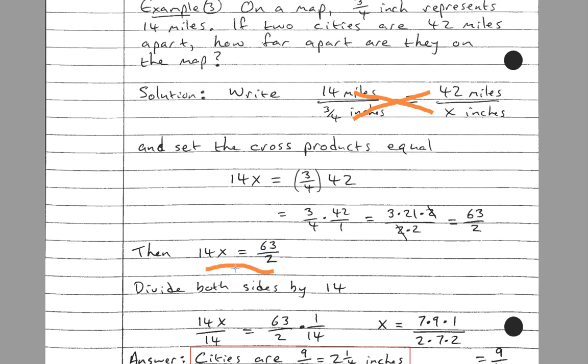So 14 times the number we're looking for, 14 times x, is equal to this fraction, 63 over 2. I want to divide both sides by 14.